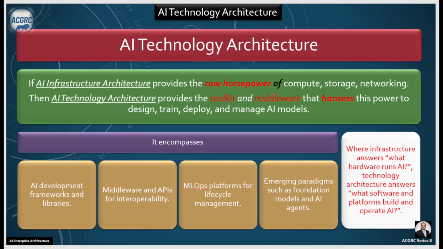If AI infrastructure architecture provides the raw horsepower, which is the compute, the storage, the networking, then AI technology architecture provides the toolkit and middleware that harnesses this power to design, train, deploy, and manage the AI model.